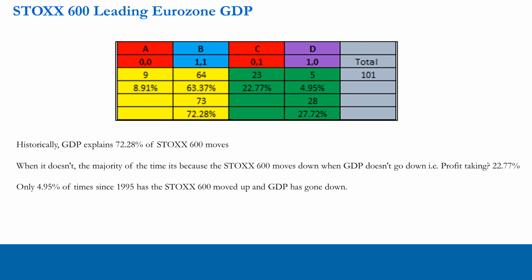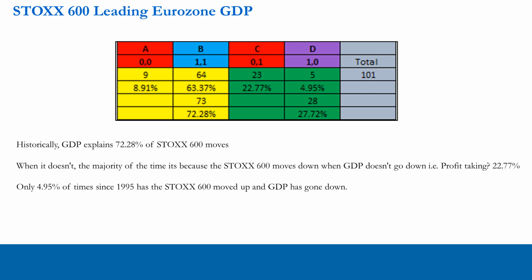And if you look in the spreadsheet, you'll see that the data in this case for the Eurozone only goes back to 1995, and we have a total of 101 cases. So that is 101 quarters, about 25 years.